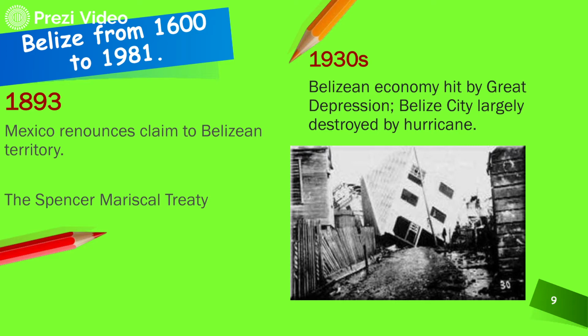That hurricane came and caused extensive damage to our country. Our country also went into depression. So that happened in the 1930s. I hope that you are taking notes because you will need this information for your timeline. I will repeat that again. You will need this information for your timeline.